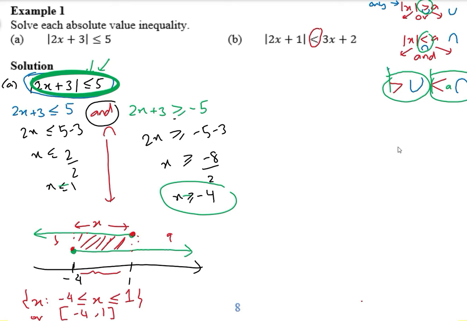I hope it helps, but always remember, your first step must always be only the modulus on the left hand side. And then the second step is to separate with the appropriate "and" or "or" in the middle.